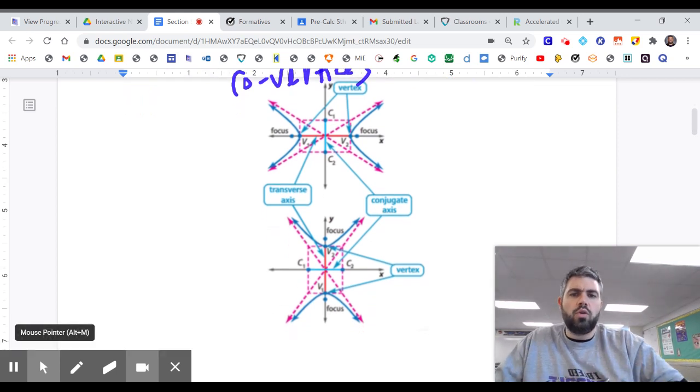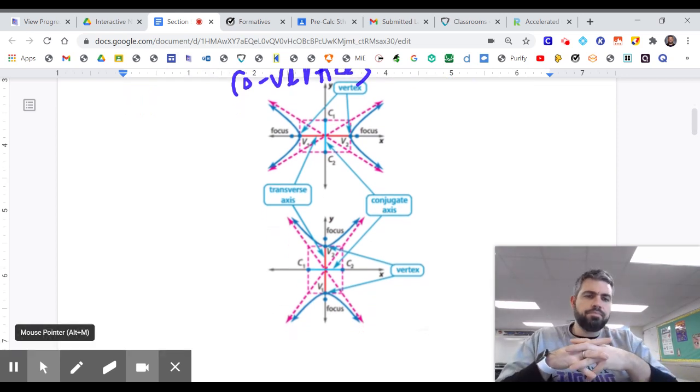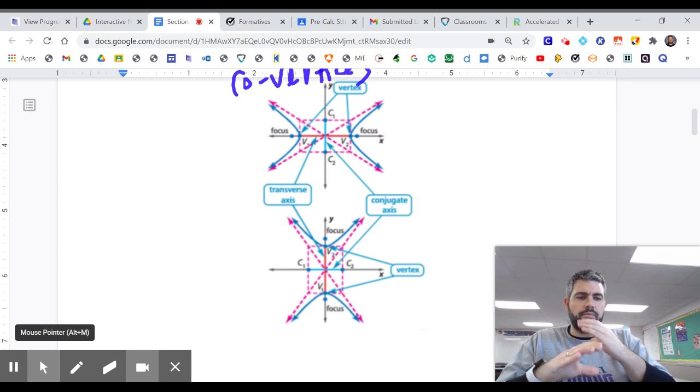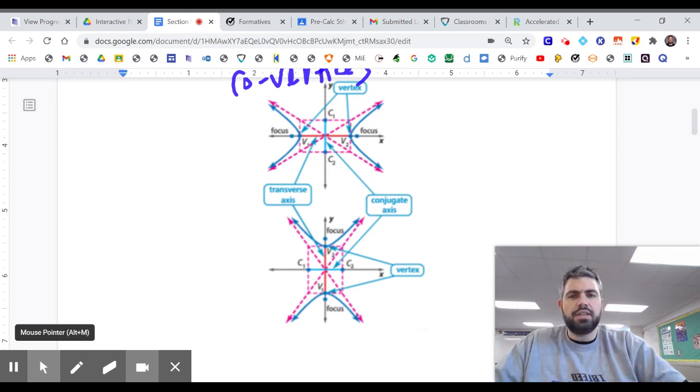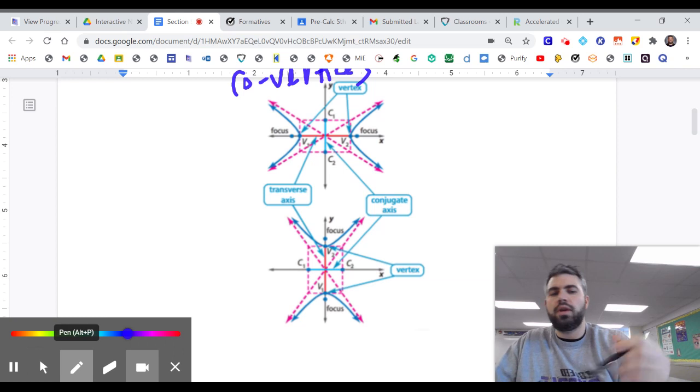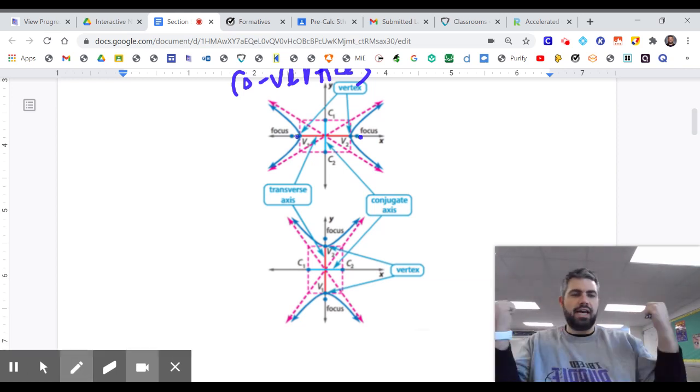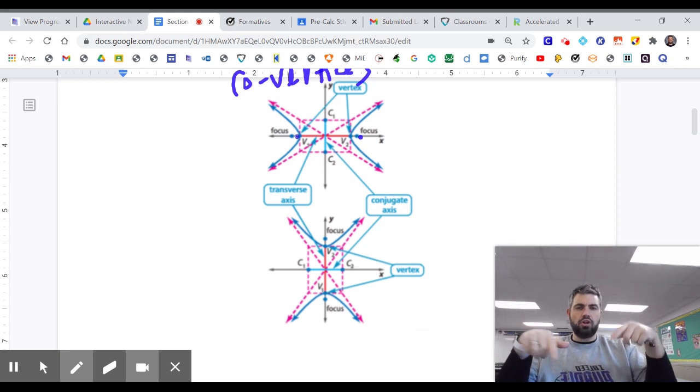Ready? A hyperbola that opens like this, looking like two C's, is centered at 0. That's one of those horizontal ones. Notice the foci are not located inside; they're located outside of our endpoints. Generally, remember, we had foci that were a little bit less than the endpoints.